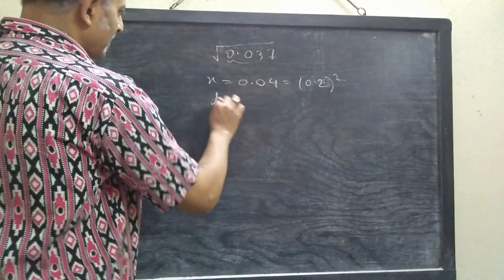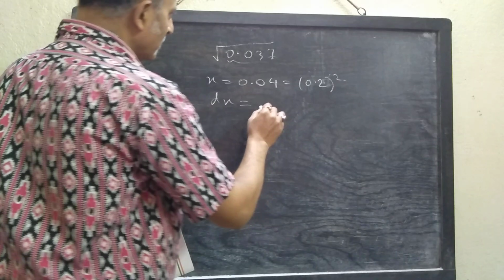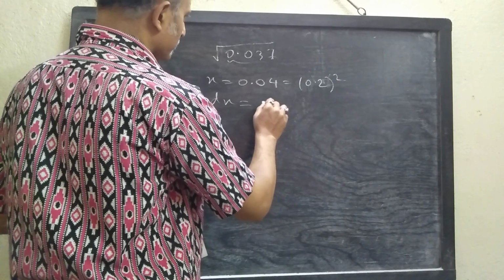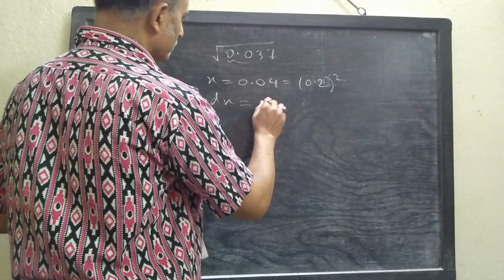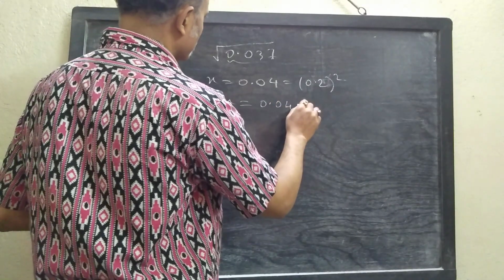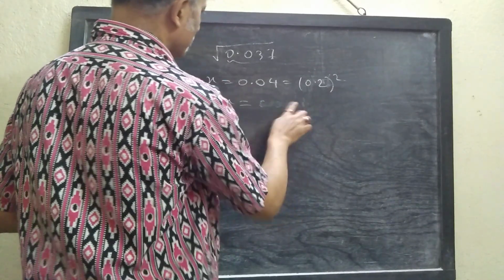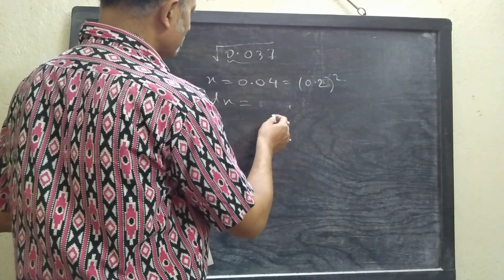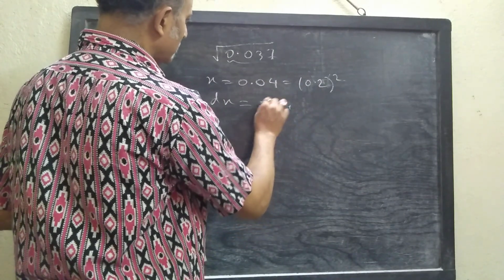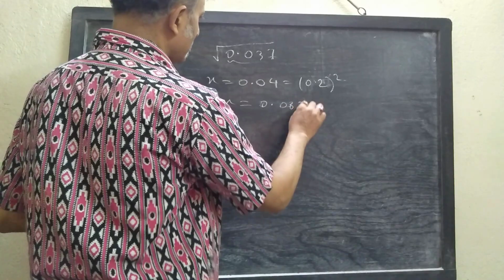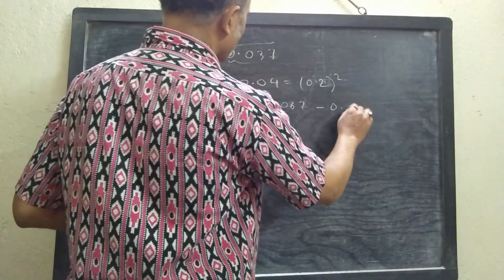So then your dx will be increase it, decrease it, that is 0.037 minus 0.04.